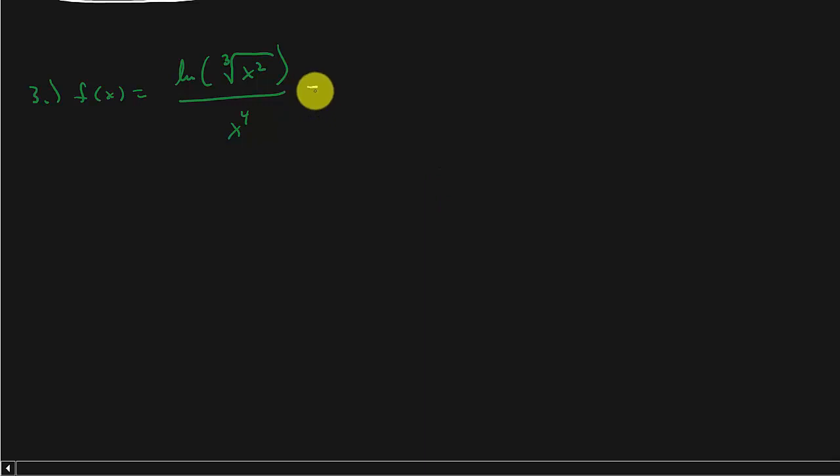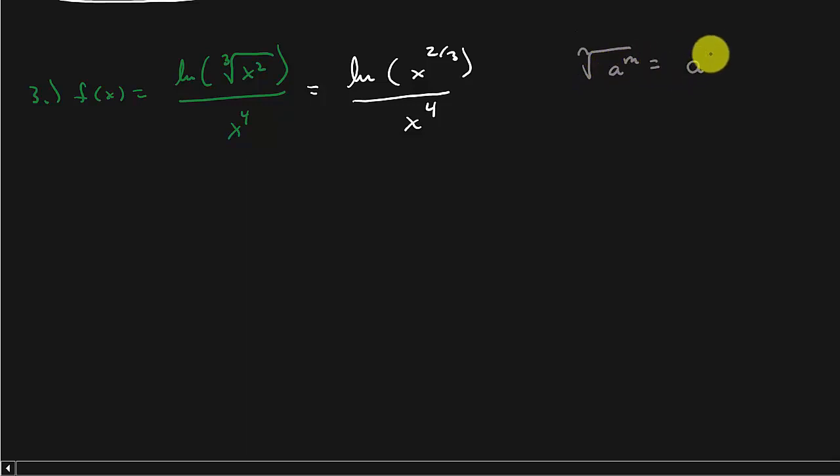So could we write this as natural log of x to the 2/3 over x to the 4th, right? Because we have a property from algebra that says the nth root of a to the m is equal to a to the m over n, going from radical form to exponential form.